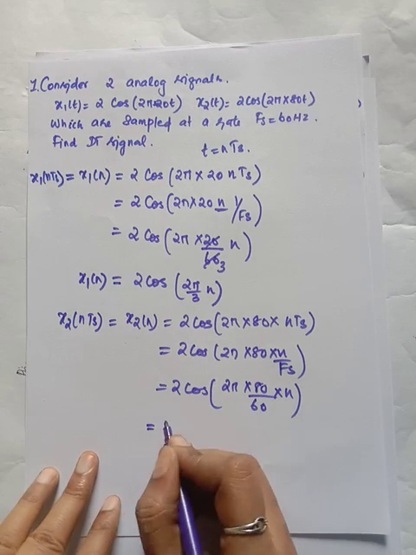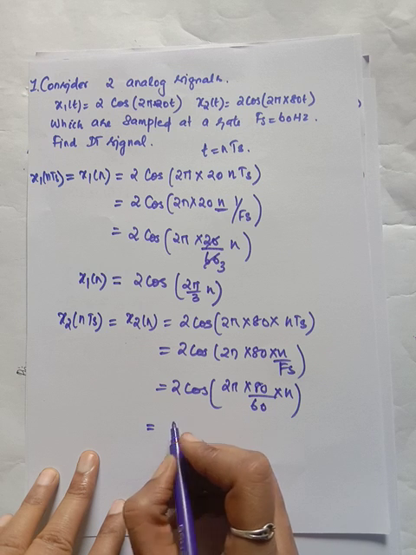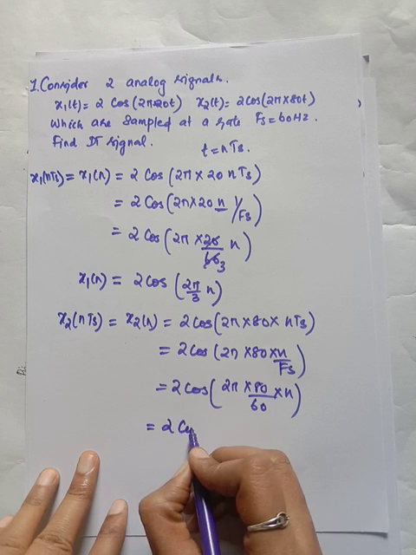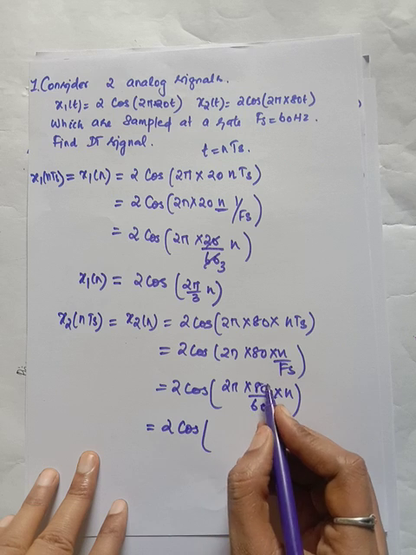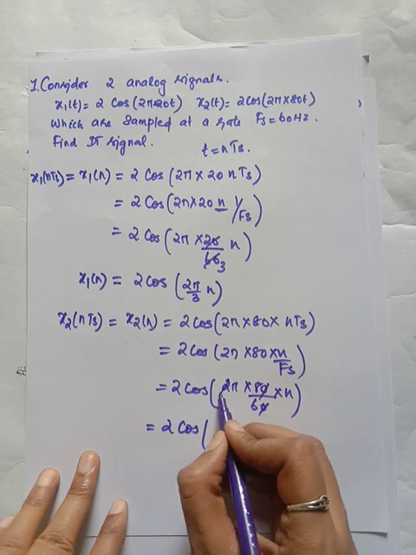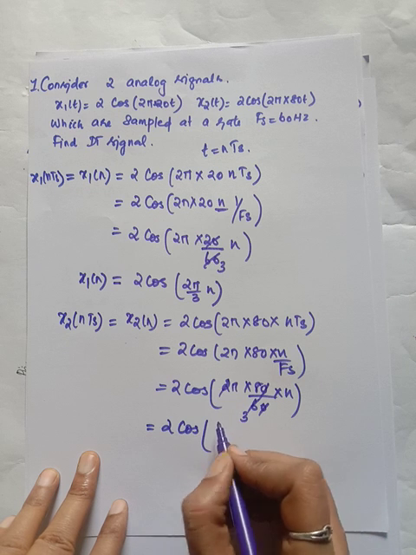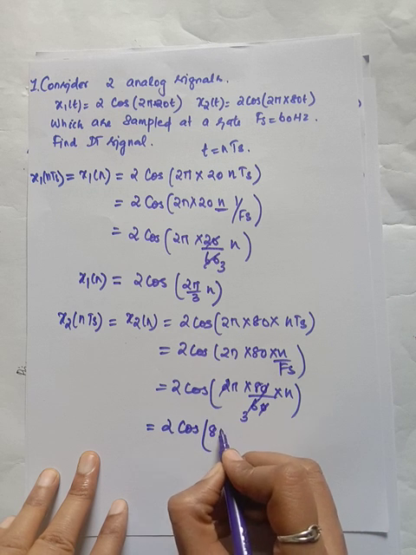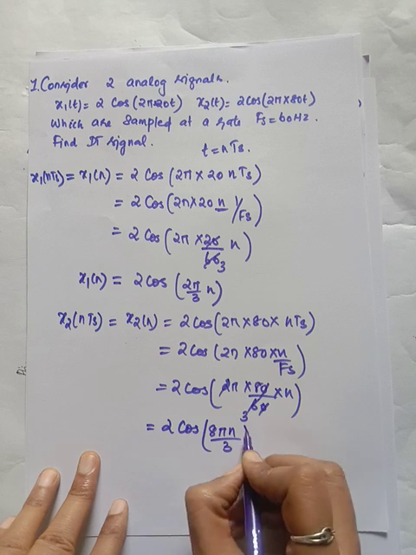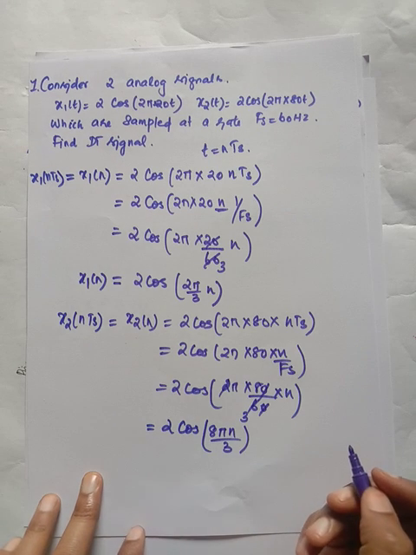Cancelling these common factors, this is 3, so you will get 8 pi n by 3: 2 cos 8 pi n by 3.